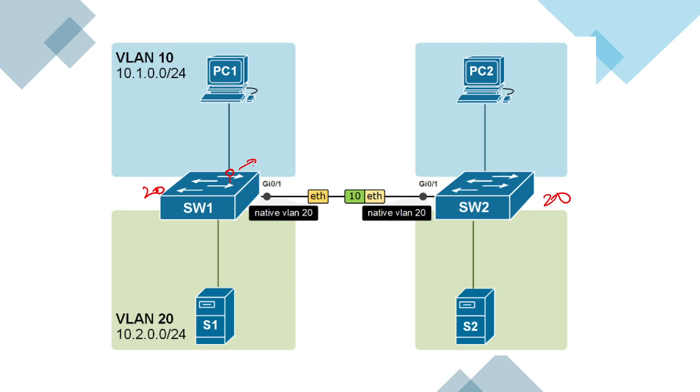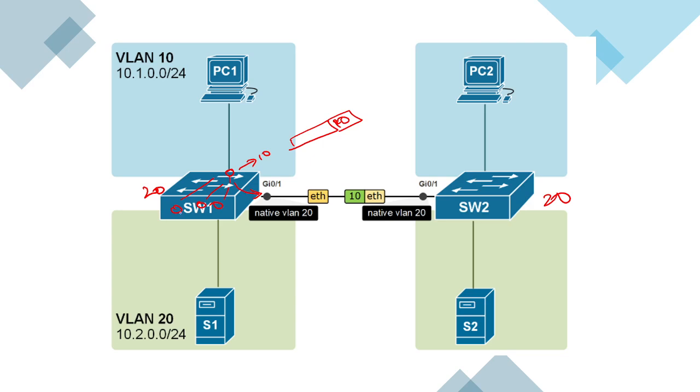It belongs to VLAN 10, so it will add the VLAN ID of 10, and send it to all the ports wherever VLAN 10 is there, including the trunk port, except where it was received.